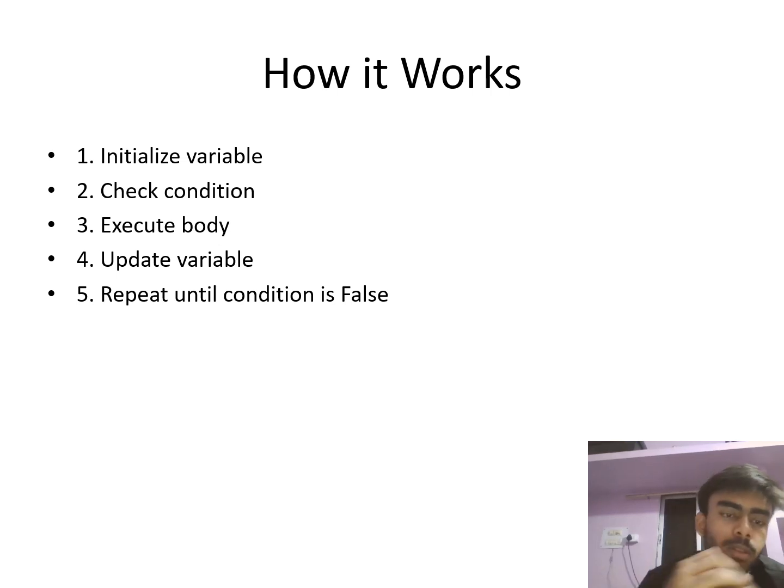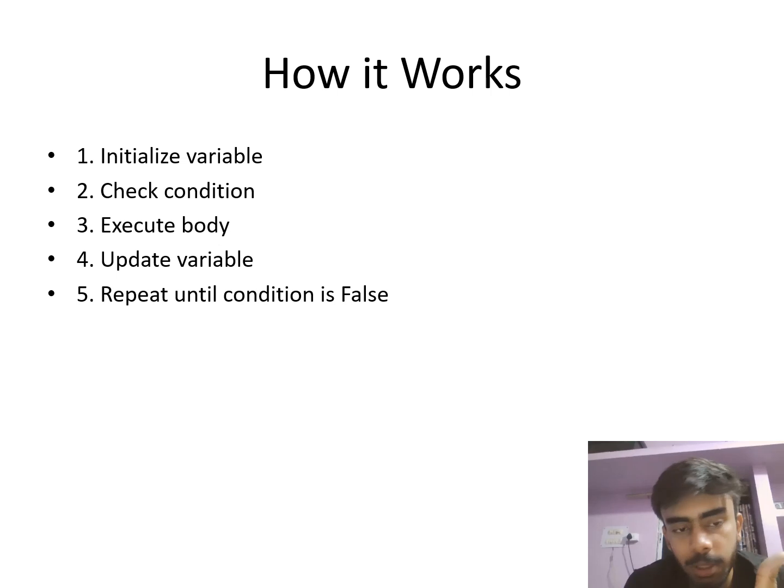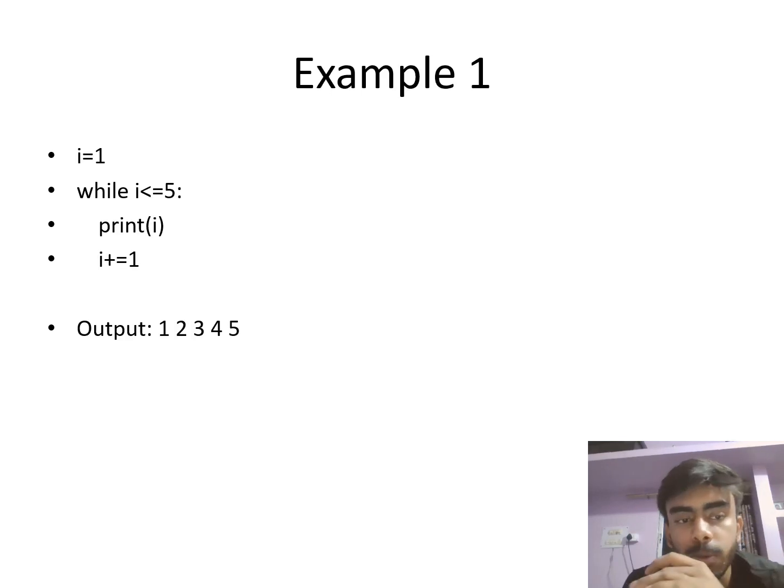How does it work? Its first step is initialize variable, then check condition, then execute its body, then update variables, and last but not the least, it repeats until the condition is false. I hope you are getting all these things.